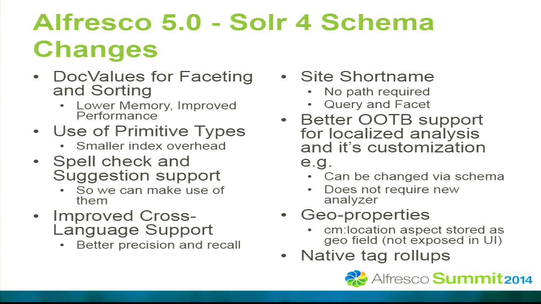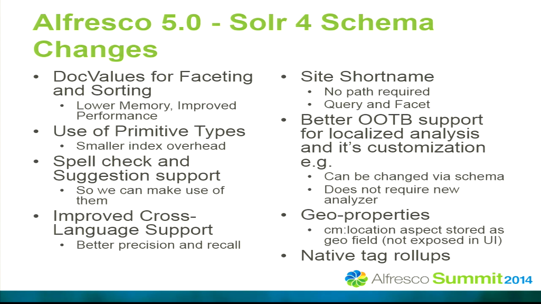In terms of the underlying schema changes, there's a lot of detail here which I suspect for most of you won't be that relevant, but for those who are familiar with the internals of Solr and the schema, there have been a number of changes to improve things like performance. So we're using Solr doc values, which are more efficient in terms of memory usage, with better performance characteristics.